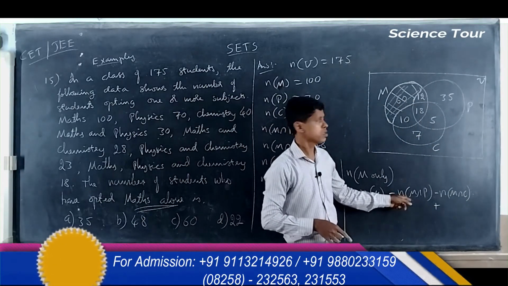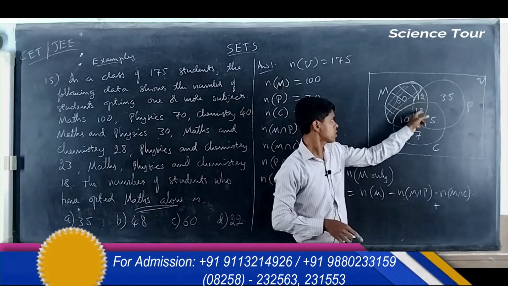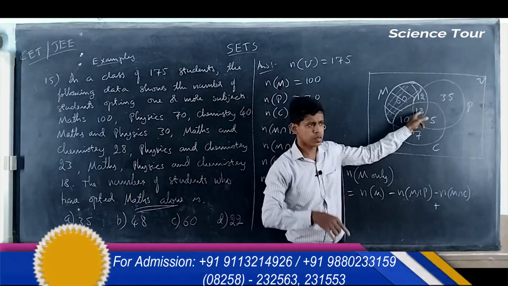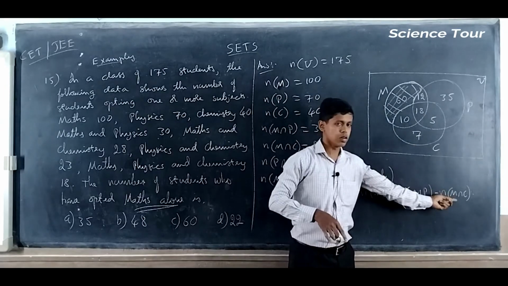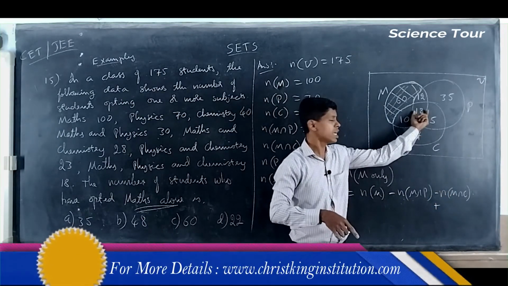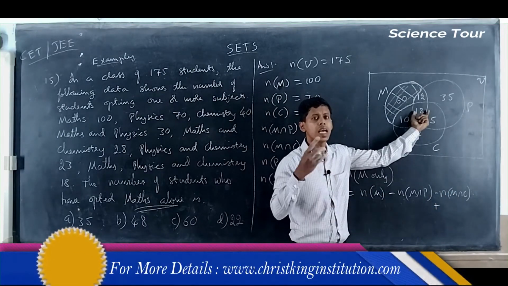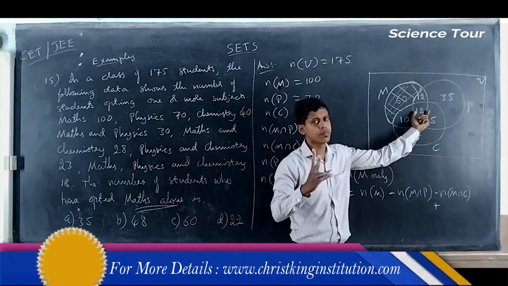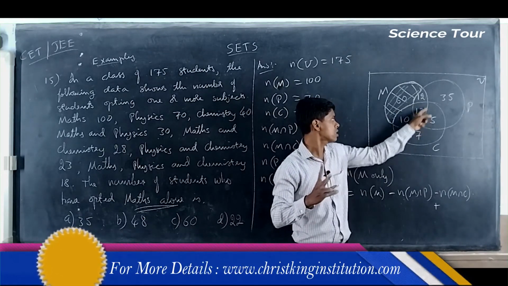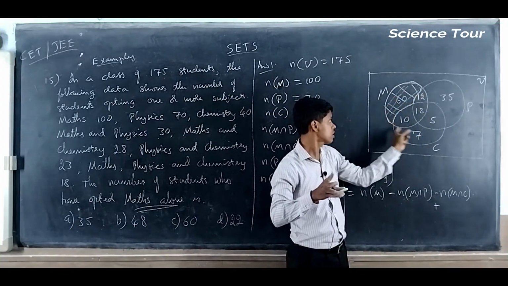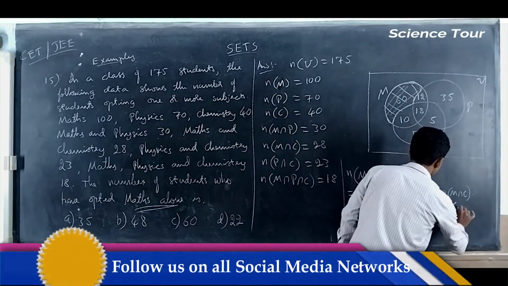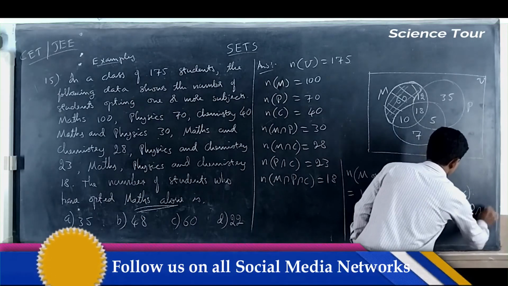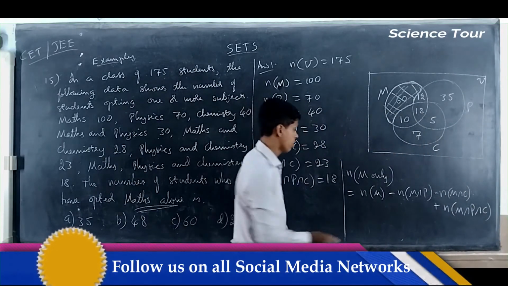When you have subtracted this region, you have subtracted the intersection of all the three once. When you have subtracted this region M intersection C, you have subtracted this 18, the intersection of all the three, again. So twice you have subtracted, but you have to subtract this 18 only once out of this circle of M. So what you need to do is add it once. So please bear that in mind if you are using the formula.